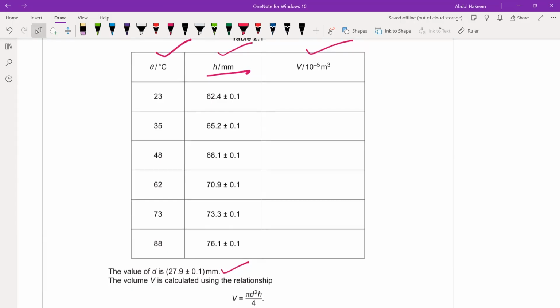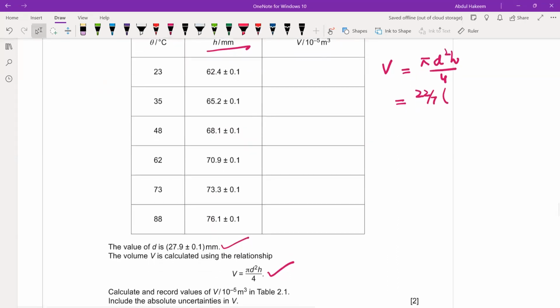For example, the V formula is pi d squared h divided by 4, as given here. So for pi, the calculator value or 22 by 7. And d is given here as 27.9 into 10 power minus 3 for meters, squared.